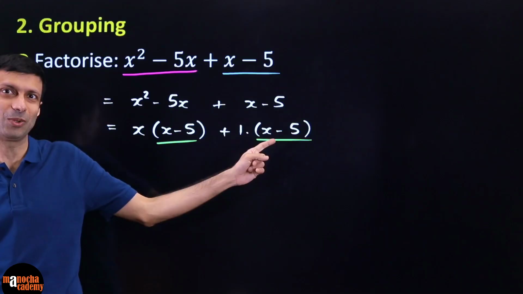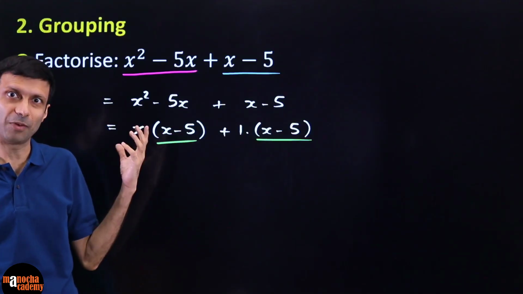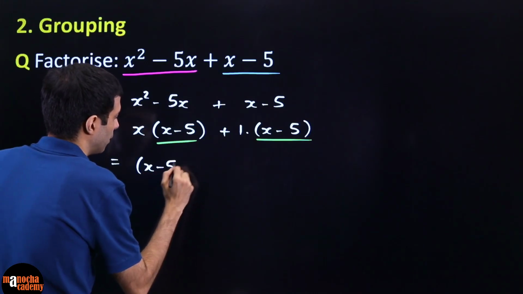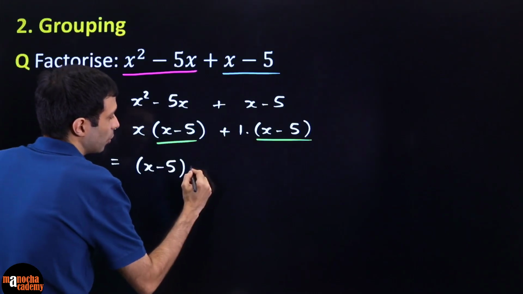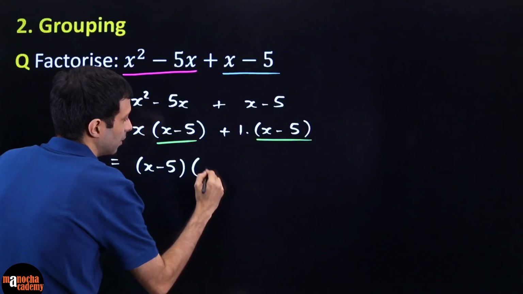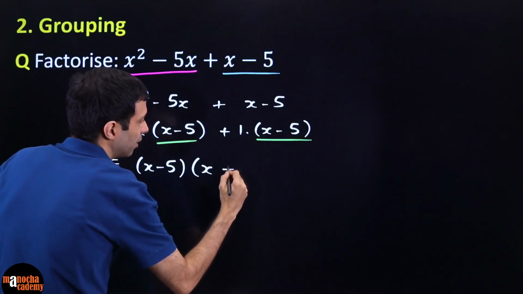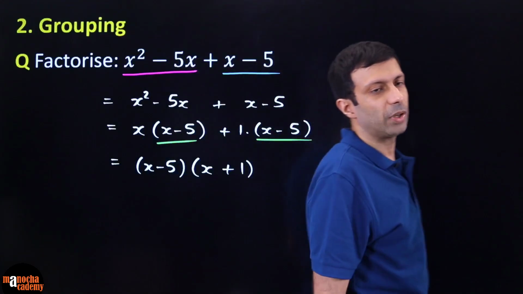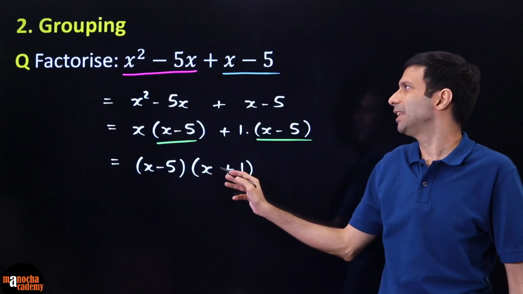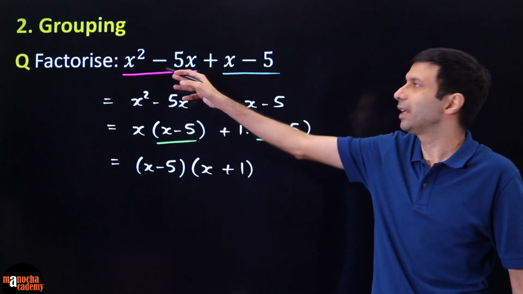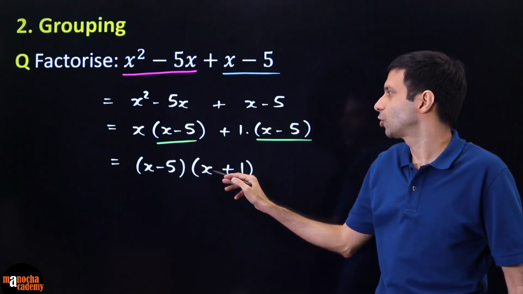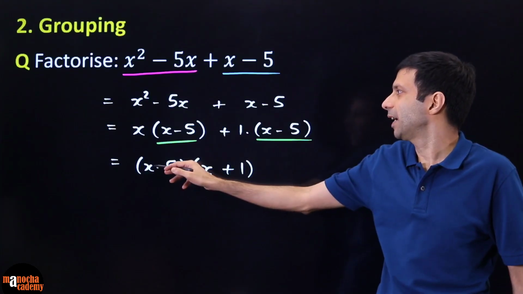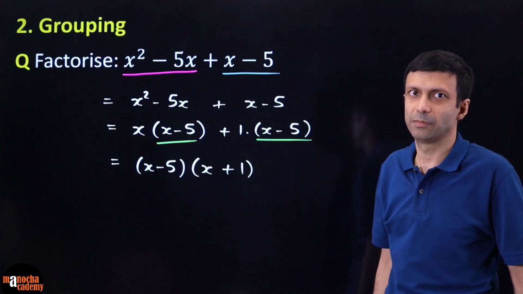X minus 5 is common to the two terms. So take out the common factor. So we are going to get x minus 5 times whatever is left. So x is left here and 1 is left here, x plus 1. And factorization, the beauty is you can confirm: if you multiply this thing out, if you simplify it out, you will get the original expression. See, x square minus 5x plus x minus 5.